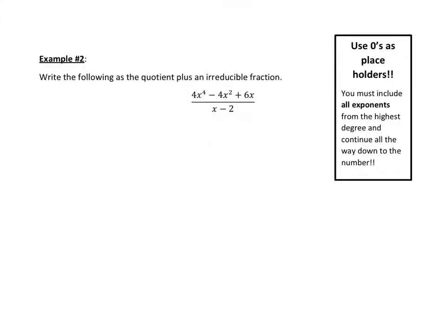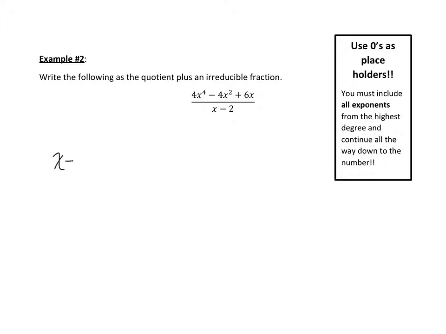All right, just one more time, just notice the words we're using here: write the following as a quotient plus an irreducible fraction, and that was like the 1/4 at the beginning on the other side. Remember that I spoke about this before, use zeros as placeholders if you don't happen to have a degree that you need.